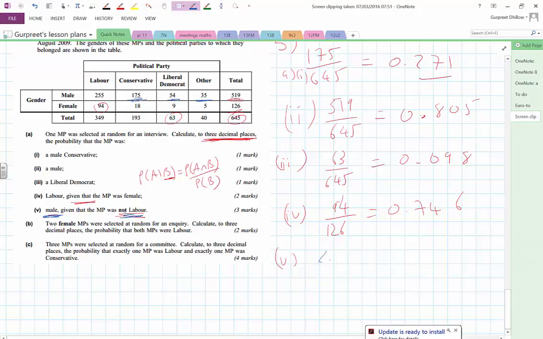So that's 264, male and not Labour, out of, it's given that not Labour. So not Labour is that, add that, or 645 minus 349, 296. So 264 divided by 296 is 0.891.